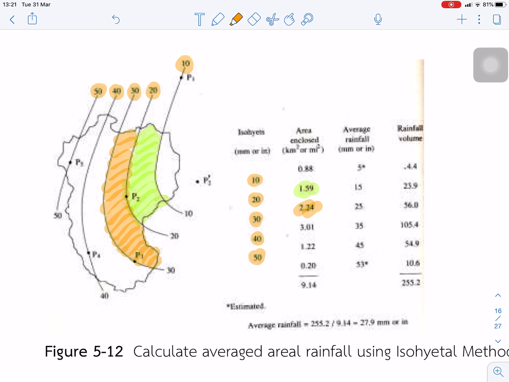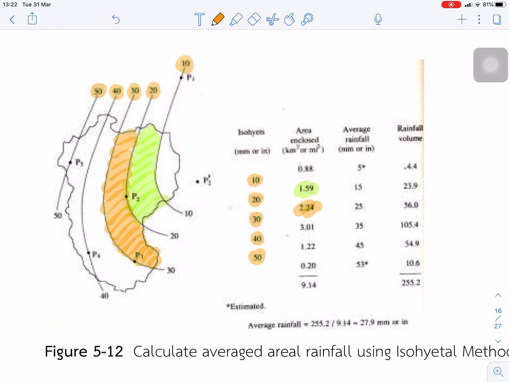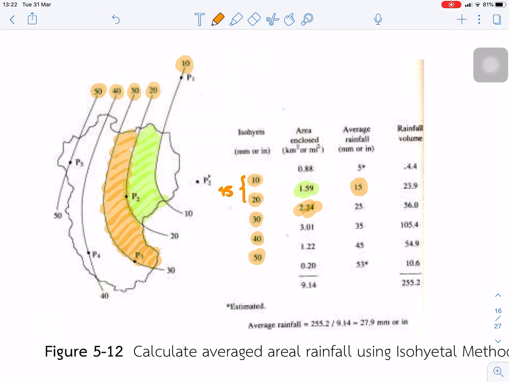Of the iso-height. So next, they find the average between two lines. So this is the average. This one is 15, and put in this number. And this one is 25, and put in this number.